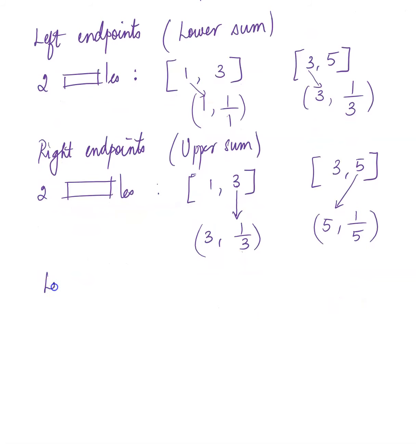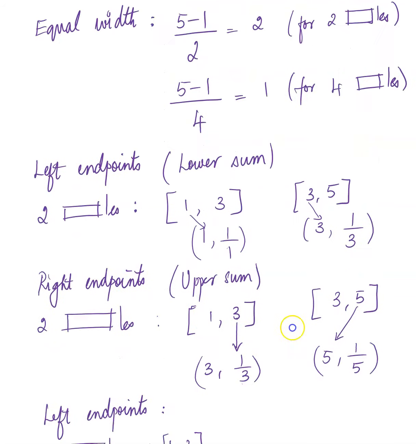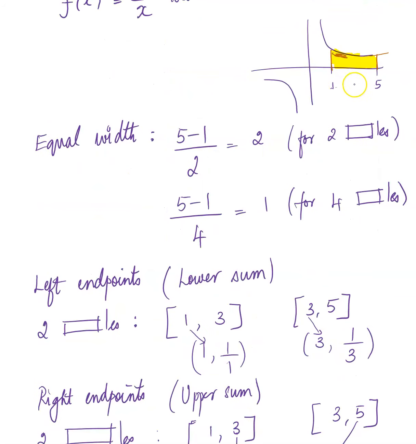And then I want to do the left end points for 4 rectangles. You could have done this right under the 2 rectangles, that's fine. I just wanted to keep the intervals cozy there. Here I need to divide this region from 1 to 5 into 4 equal parts, and the equal width is 1, so 1 plus 1 will give me the second marking, which is 2.